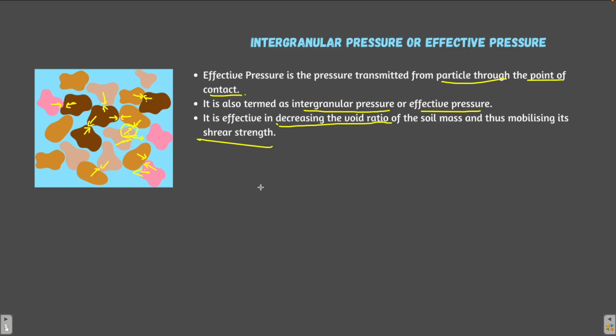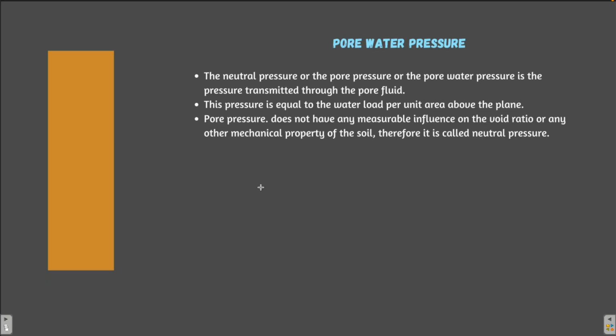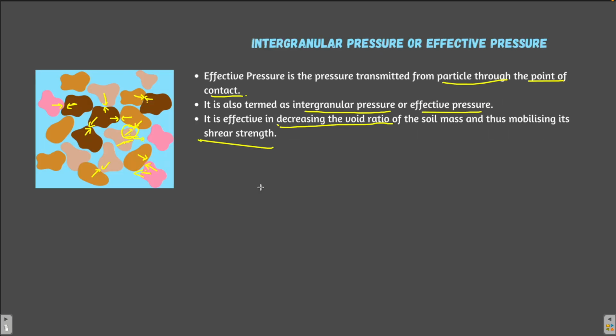Now let's move ahead and understand what is pore water pressure. It is called the neutral pressure. Let's understand this pore water pressure through this diagram only. Let me rub this a little bit, and now we are understanding about the pore water pressure. There is water available outside the soil grains, right?